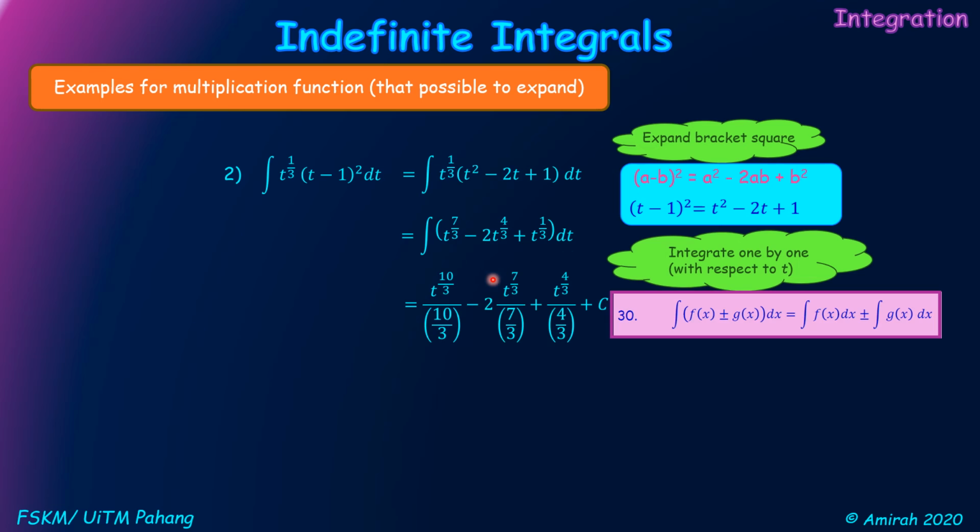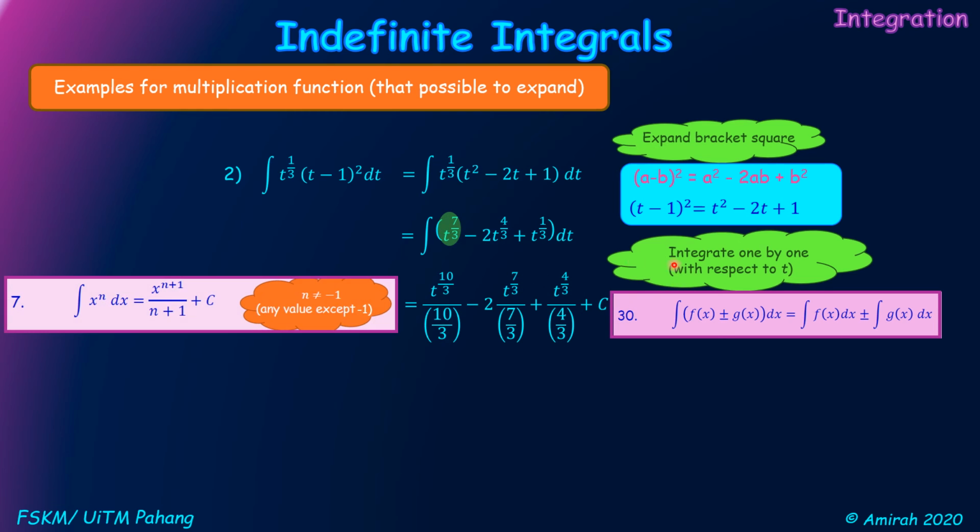We integrate using the power rule here. Before that, we integrate one by one because in between is a plus and minus sign. From here, when we integrate t to the power of 7 over 3, we use the power rule when n does not equal negative 1, because 7 over 3 does not equal negative 1.